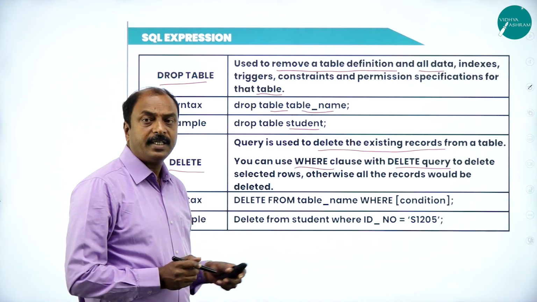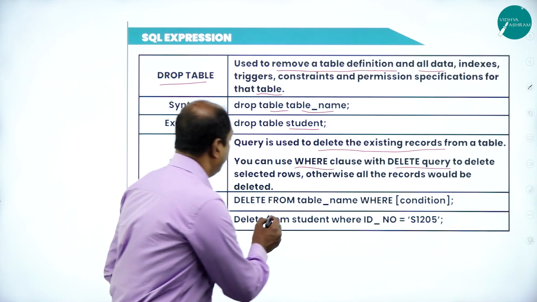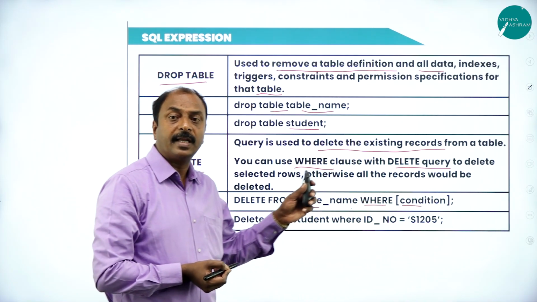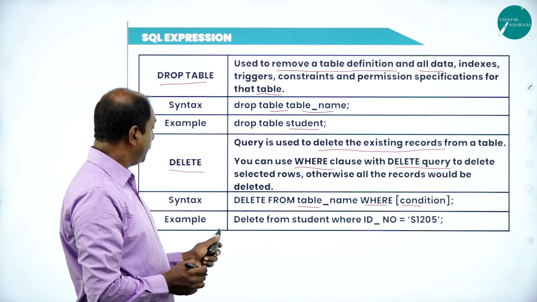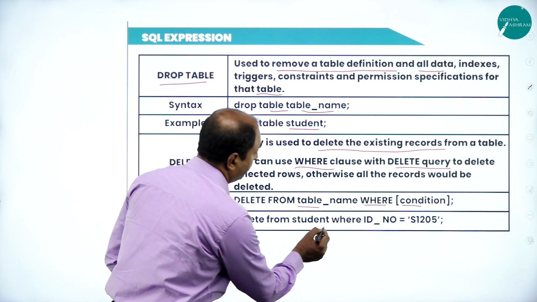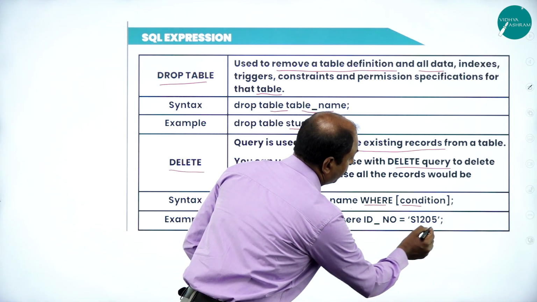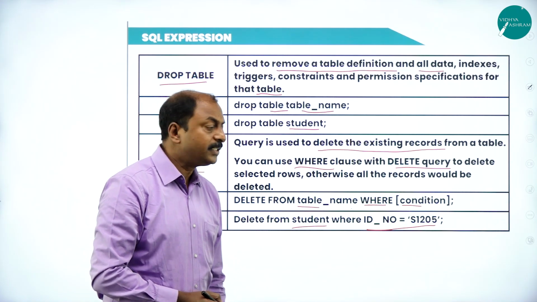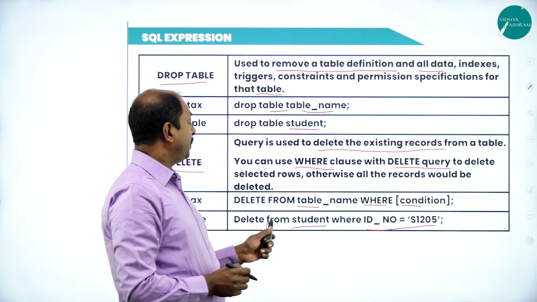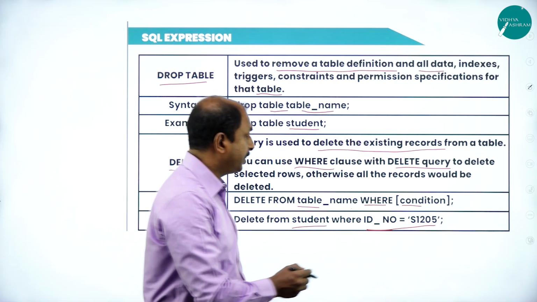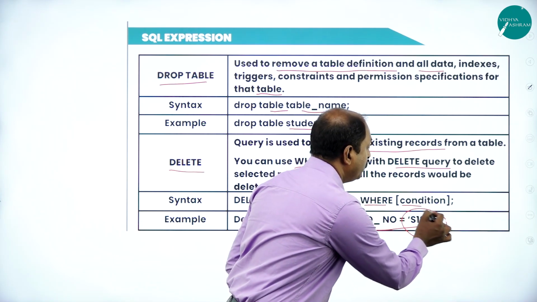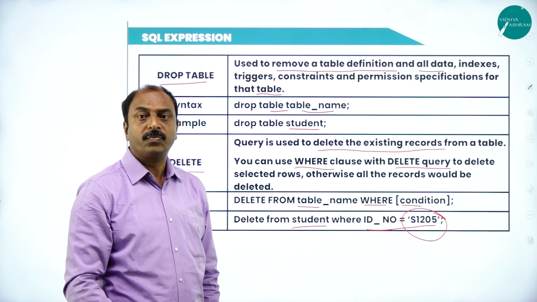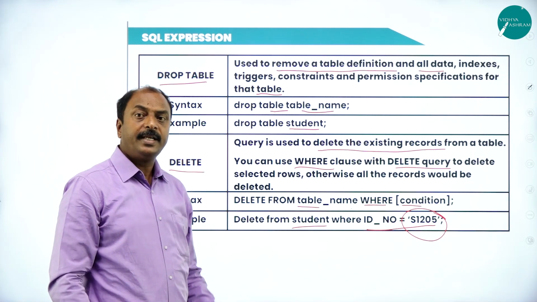Syntax: DELETE FROM table_name WHERE condition. Example: DELETE FROM student WHERE ID = 'S1205'. So what is the meaning of this? It is going to delete all the records where the ID is equivalent to S1205. It's going to delete that particular record from a table. So this is the delete command.